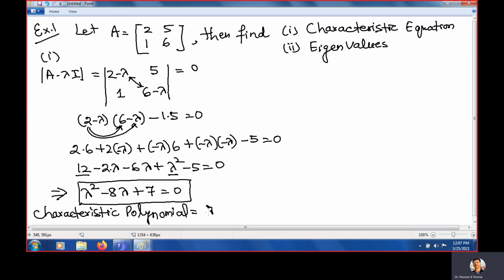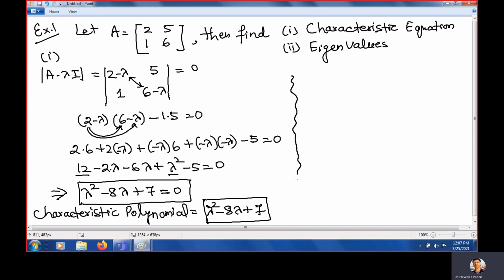So it is lambda power 2 minus 8 lambda plus 7. This is the characteristic polynomial. And if we put it equal to 0, it becomes the characteristic equation. Clear?